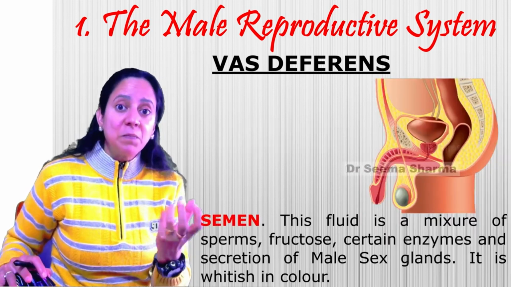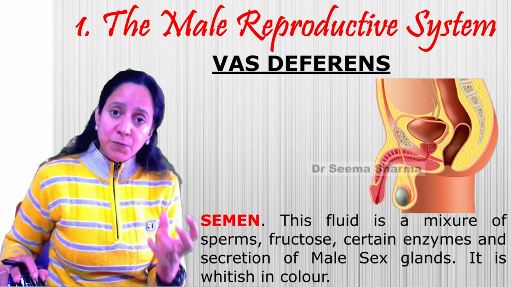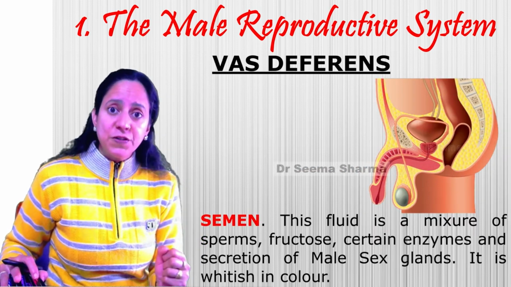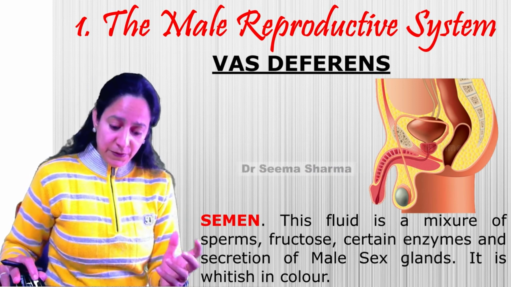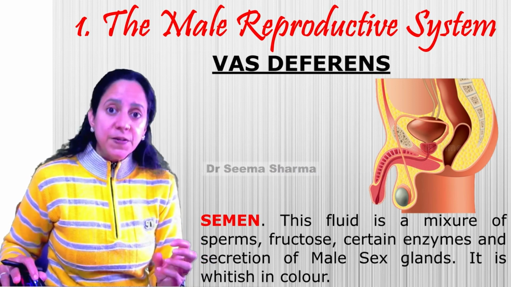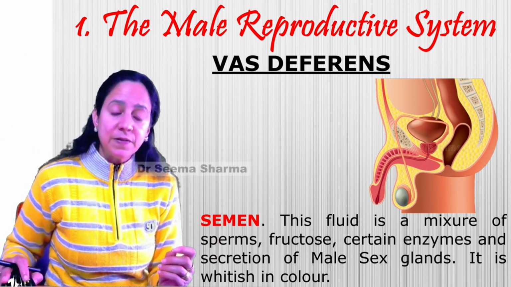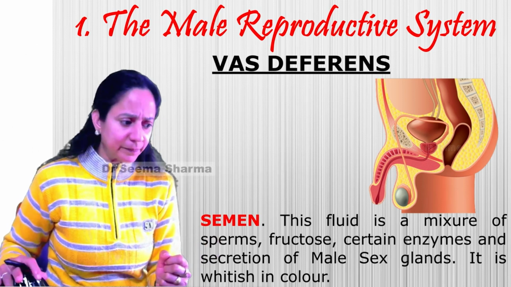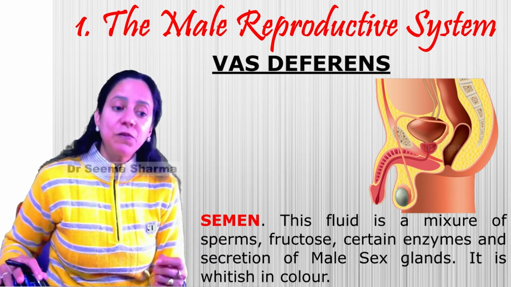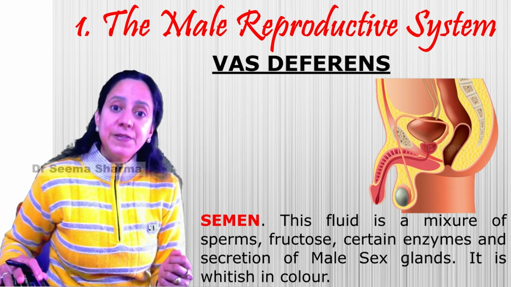This fluid is a mixture of many things. Sperms are present in it, fructose is present, in addition to this certain enzymes, secretions of these male sex glands are also there, and it is whitish in color. So this mixture of fluids and sperms is called semen.